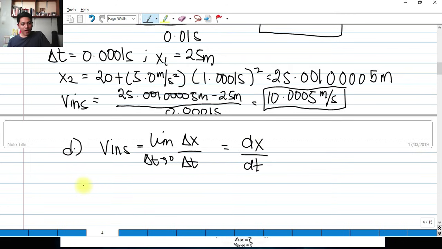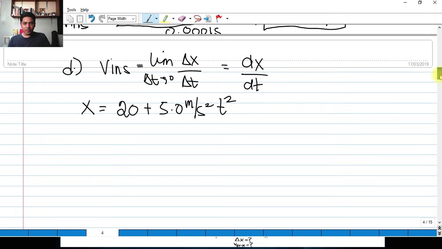Okay? So we have a function of x in terms of t, that is 20 plus 5.0 meters per second squared times t squared. The general expression for the instantaneous velocity is simply the derivative of this function x with respect to time. So that is our V ins, dx over dt.